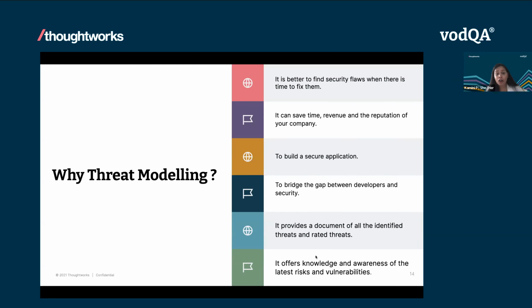If they're already aware of what the latest risks and vulnerabilities are in the system, they can identify and work towards fixing, and not just fixing, but towards bridging and filling those areas where most of the security issues are, right? So threat modeling is essential and important, not just because of these 6 reasons, but there are many more things, right?